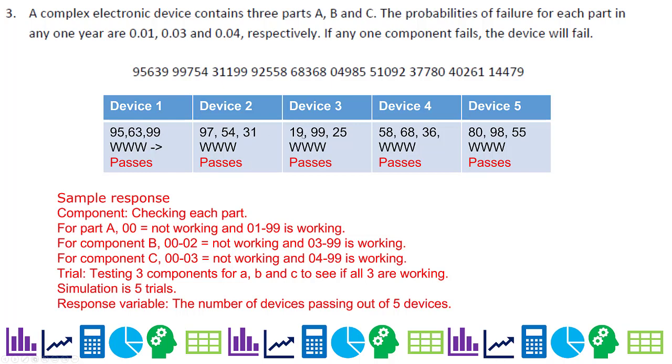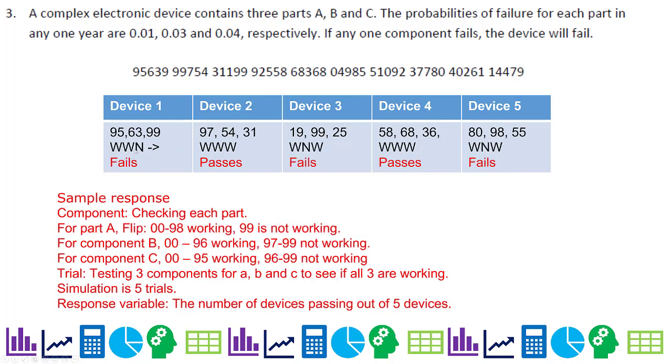And then you have 19, 99, and 25, and all those 3 devices pass. And then 58, 68, 36. So since I don't have anything in the 0, 0 to 0, 3 on these pairs of digits, all my devices are working, which kind of makes sense because there is a very low probability that they're not working.